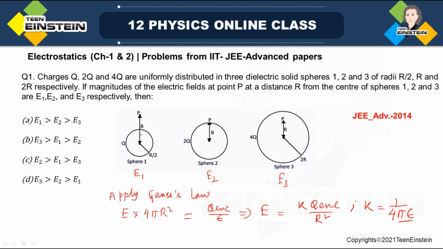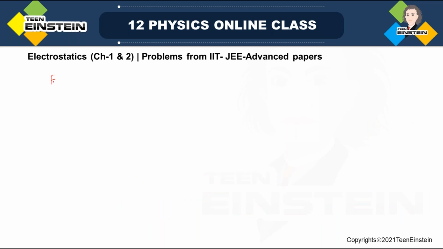Now look at this sphere. For this particular sphere, we can directly write E1 is equal to 1 by 4 pi epsilon naught, and P is a point r distance away from the center. So I can write kq by r square.